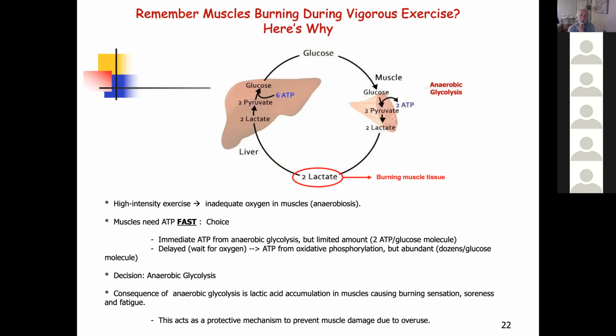So that's the whole point here: if your lungs can't keep up and anaerobiosis sets in, then you get lactic acid generation. And your muscle is rewarded in that it gets some immediate ATP, but the cost of that is lactic acid.